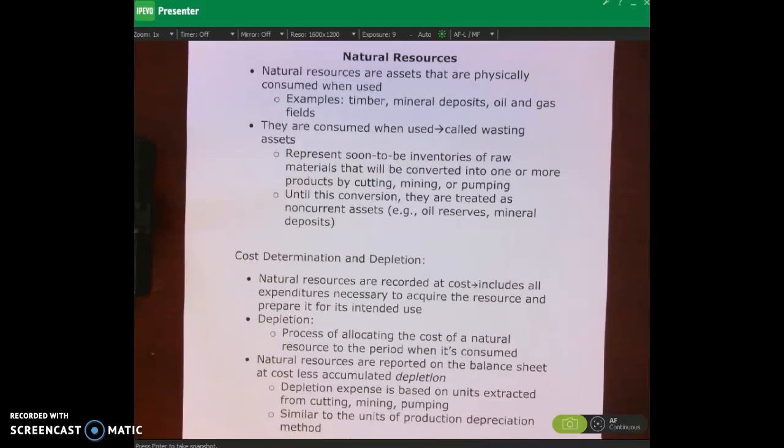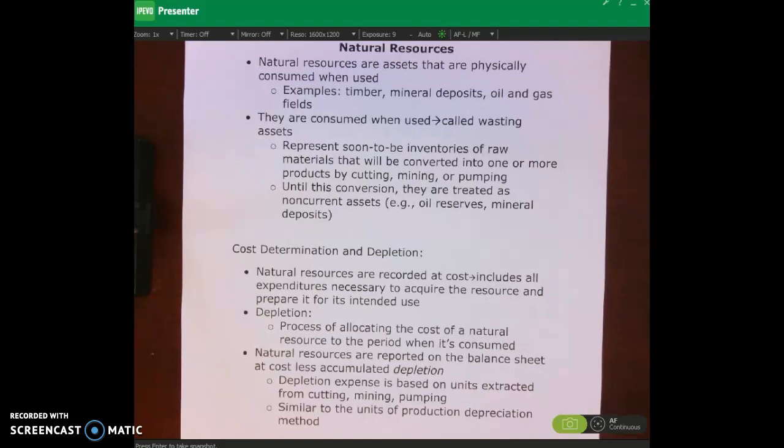Now, rather than talking about depreciation in the context of natural resources, we talk about depletion. Depletion is the process of allocating the cost of purchasing that natural resource, and the expenditures to get it ready for use, to the period when it's consumed.